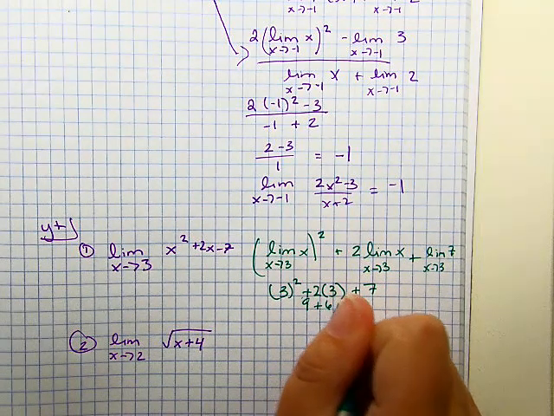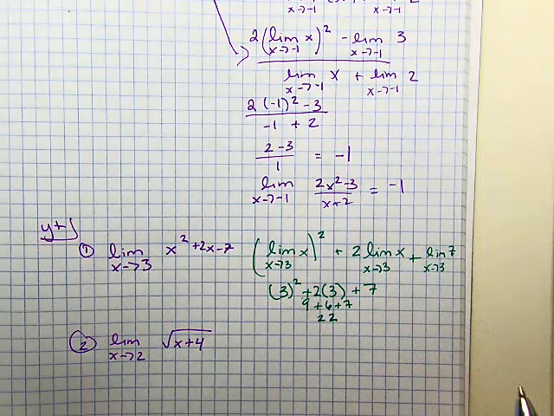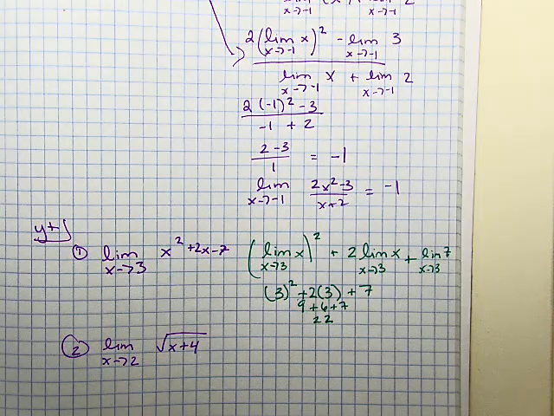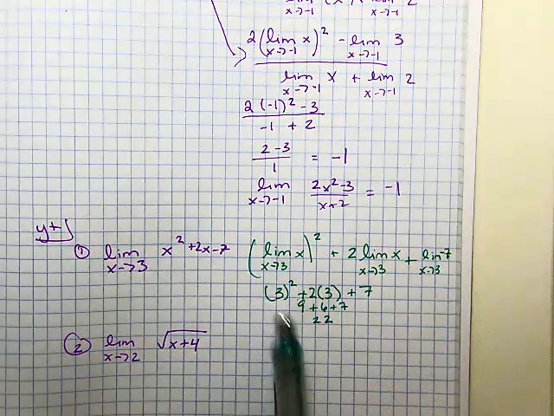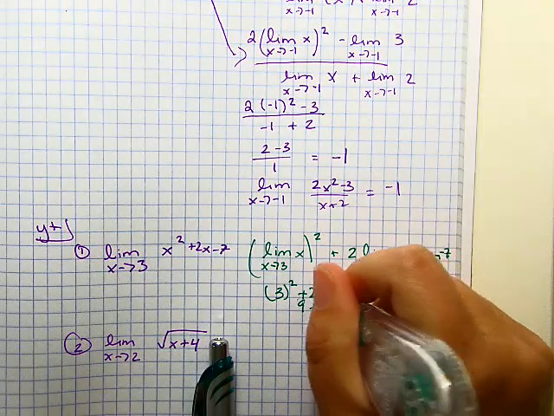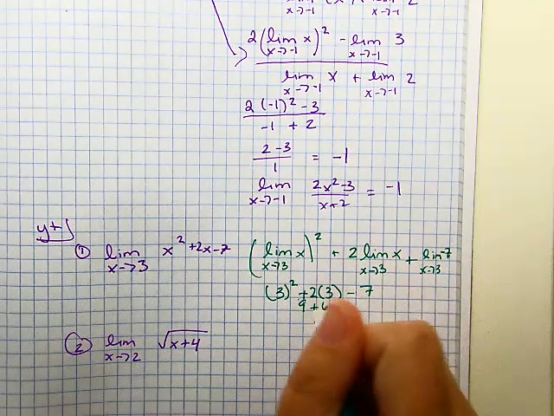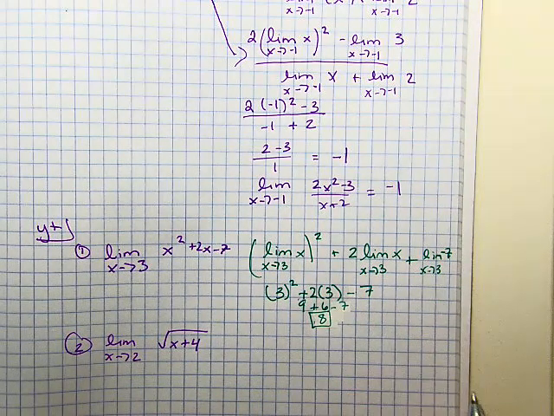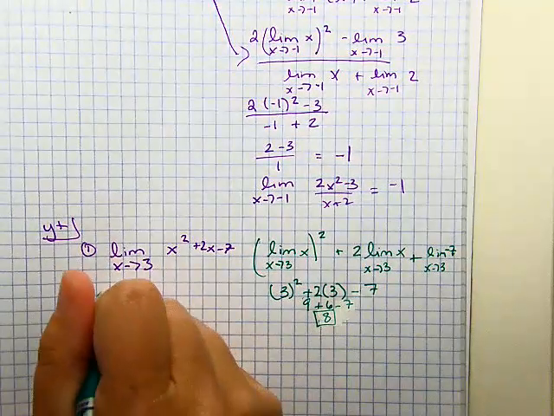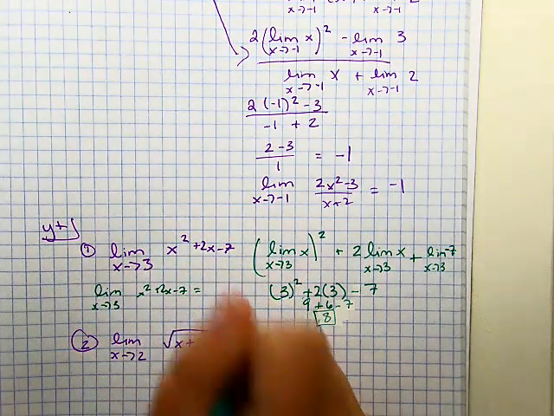So 9 plus 6 plus 7 is what? 22? Oh, I made a mistake. It's minus 7. So this should be, okay, Miss Dunbar. Someone was probably shouting this whole time. So 15 minus 7 is 8. And so the limit as x approaches 3 of x squared plus 2x minus 7 equals 8.